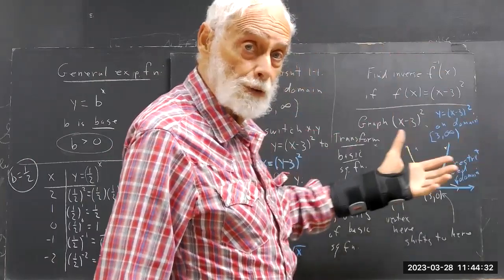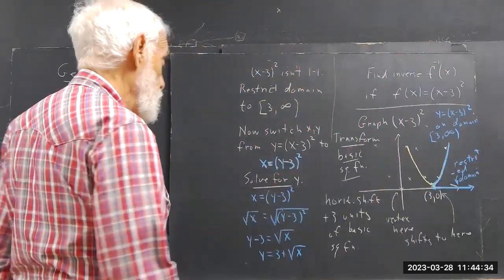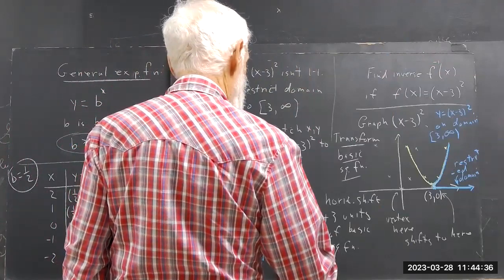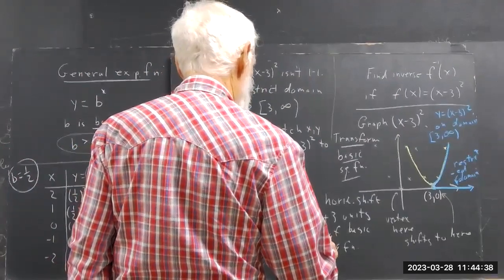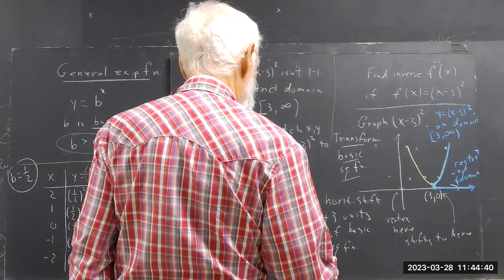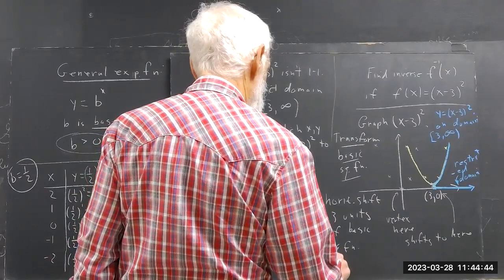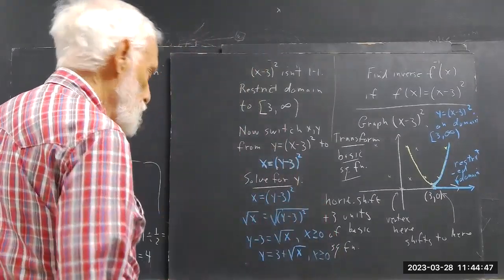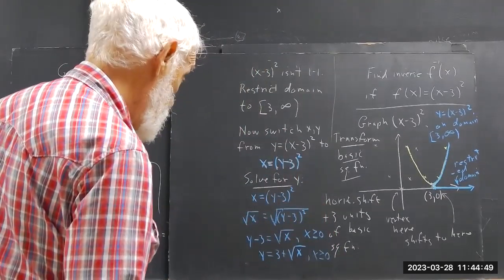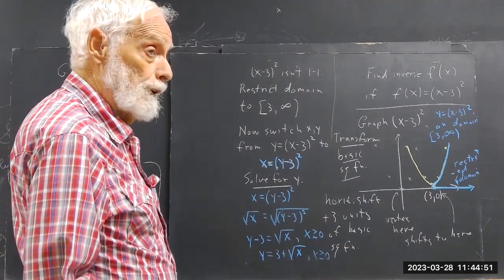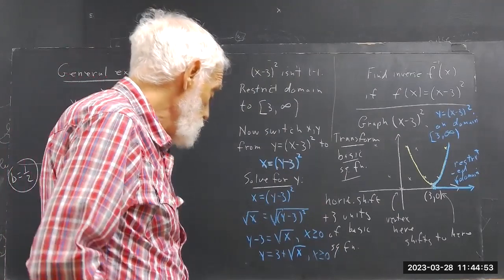So when we switch x and y, that means x is always going to be greater than or equal to 0. You're going to have to read a little bit about that and really ponder. But there we have the inverse function, and then we can check.